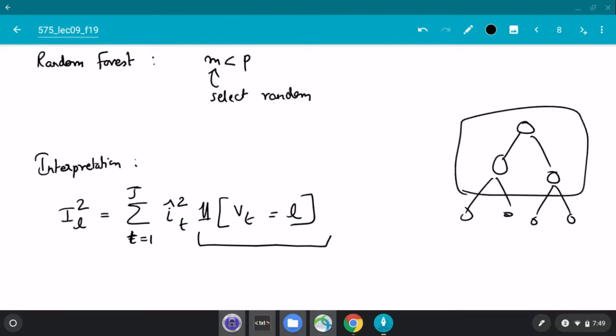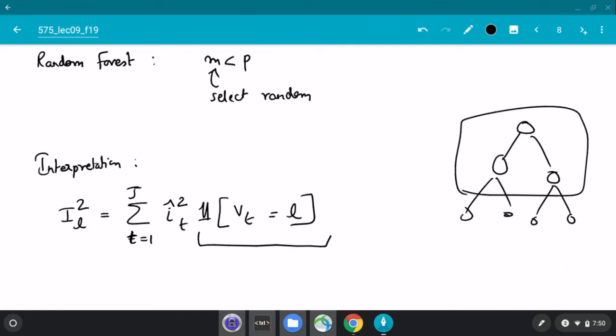That gave me some total mean square error, and before that I had some mean square error. The difference between those two is I_t hat squared. Squared is just notation; you can drop the squares if you want. Remember, every time you split, you decrease the mean square error anyway. It's the value before the split minus after the split, so this number is positive.